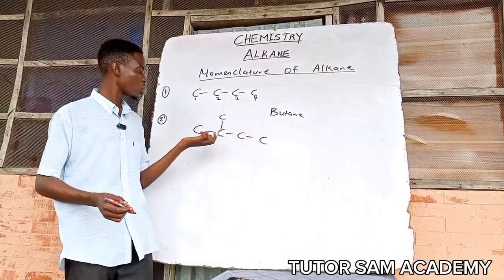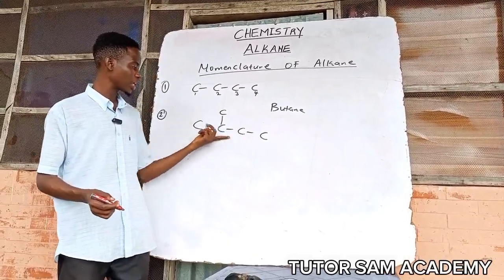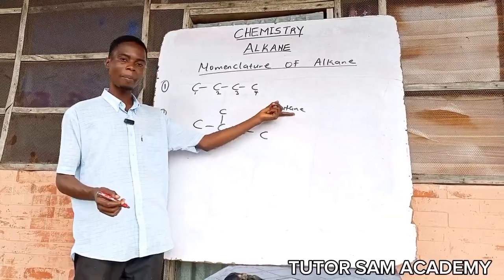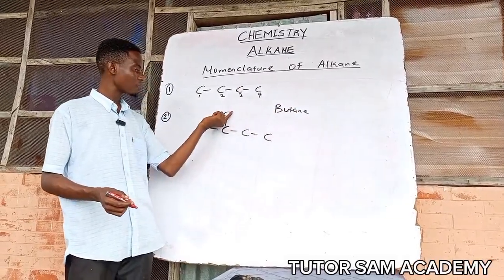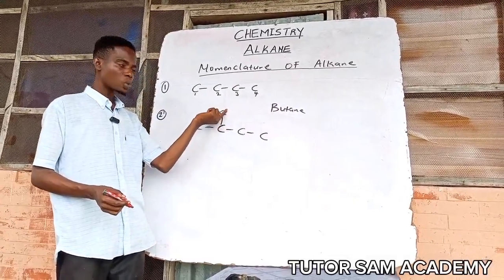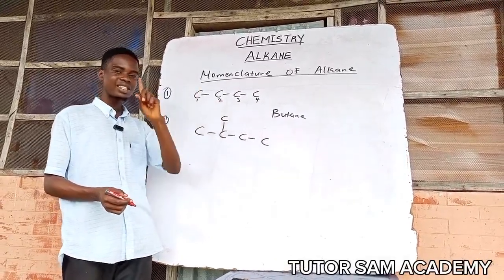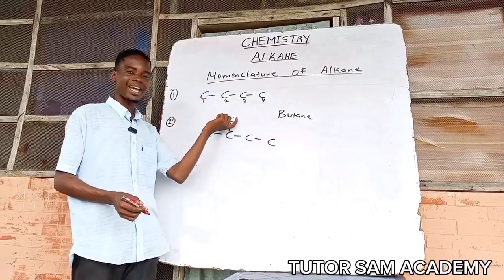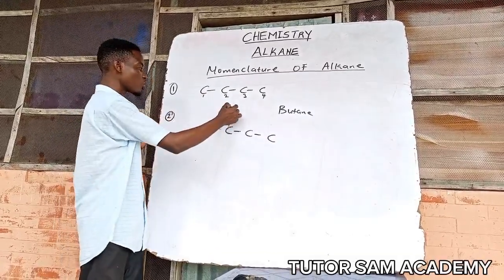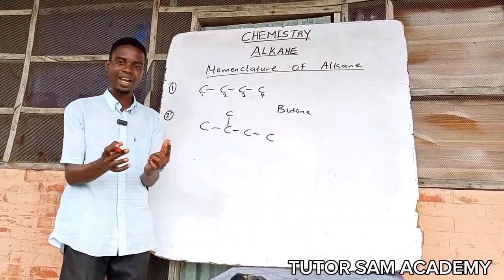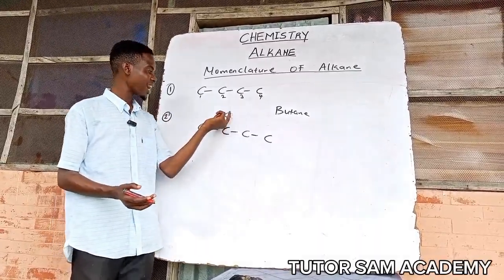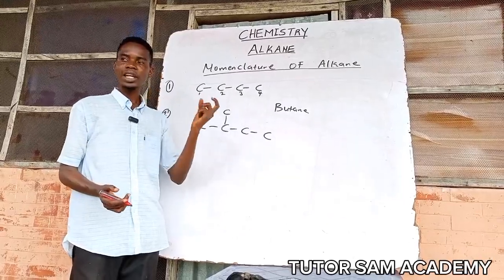So if you look at this substituent, this is the longest chain which you have identified. It serves as our parent name. This substituent is here. When you identify this substituent, it is a single carbon substituent, which is a methyl. If it is two carbon that is attached here, that is an ethyl. That ethyl serves as a substituent, but since I have a single substituent carbon, that is my methyl.